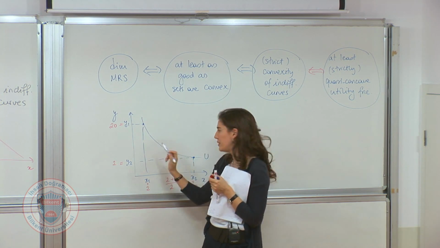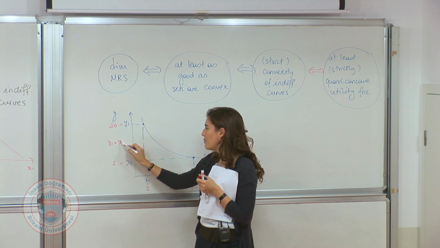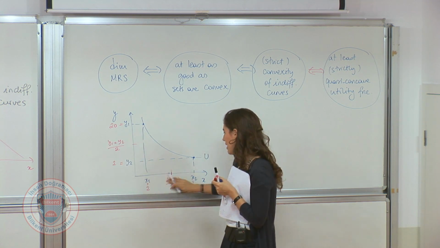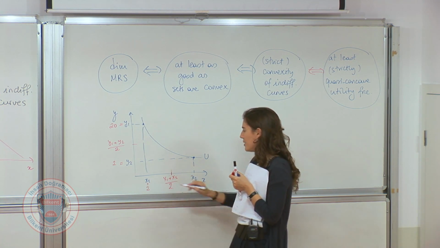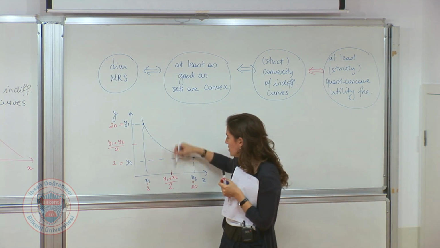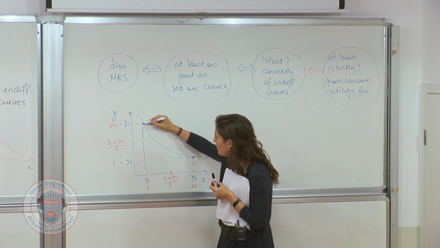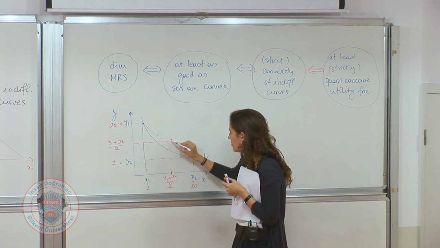Remember, I told you to think about this. And suppose here I also have y1 plus y2 divided by 2, and this is going to be x1 plus x2 divided by 2, okay? So basically, suppose I take the midpoint, right? This midpoint actually lies here.